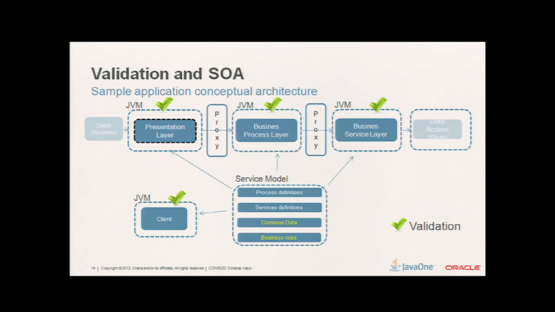And all these components consume definitions from our service data model. There's also one JVM client, which in the sample is a simple unit test, where we look at how to enforce business constraints using the bean validation API.